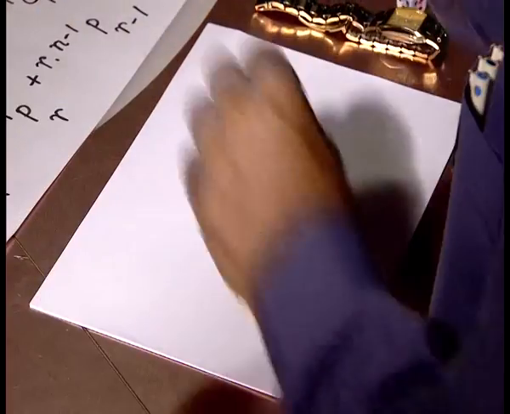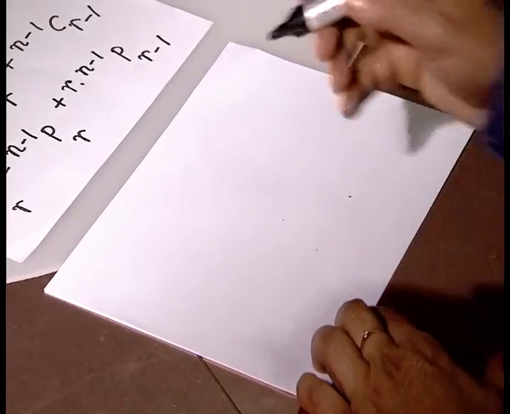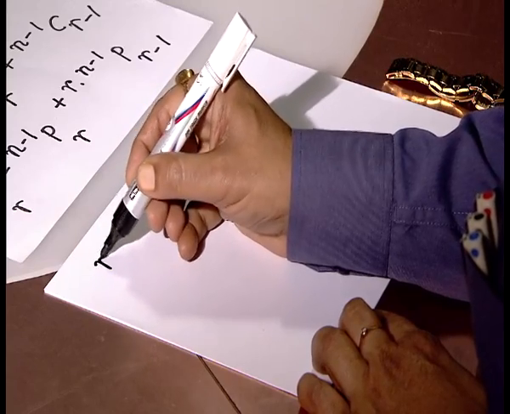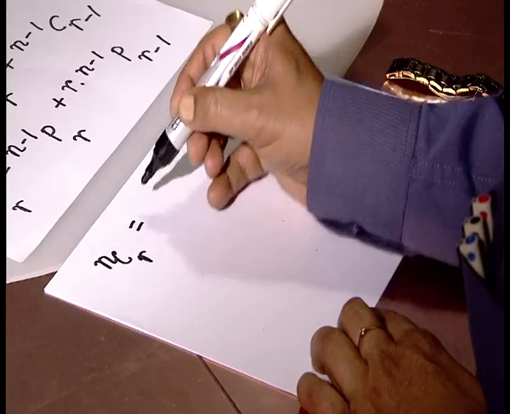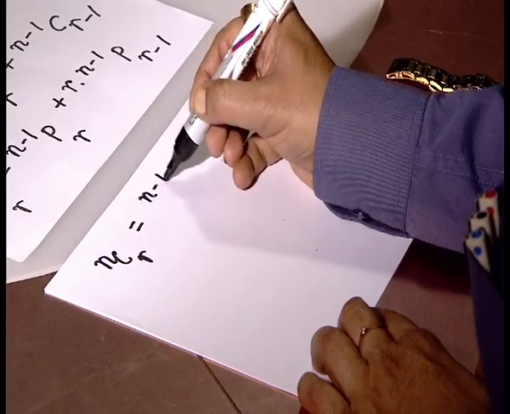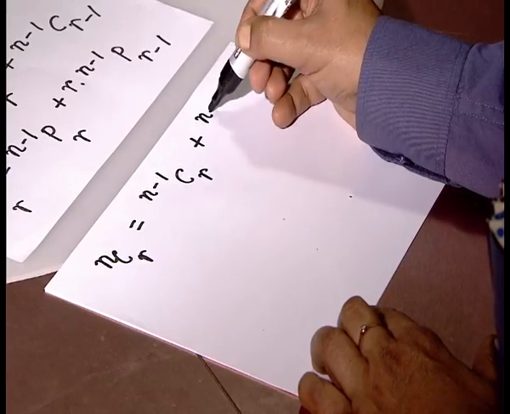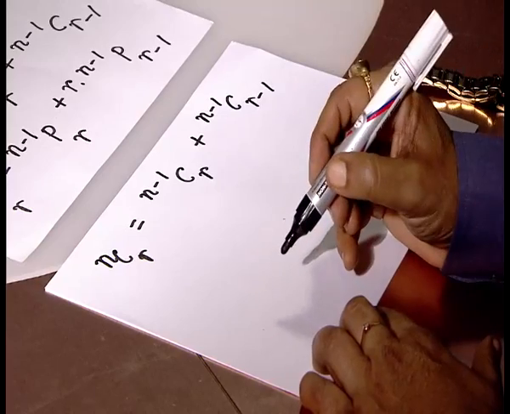Now, what is the implication of the first result? Let us take a specific example. Let n be equal to 2. So, the result is NCR is equal to n minus 1 CR plus n minus 1 C r minus 1.